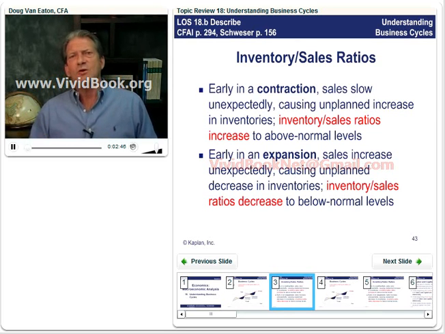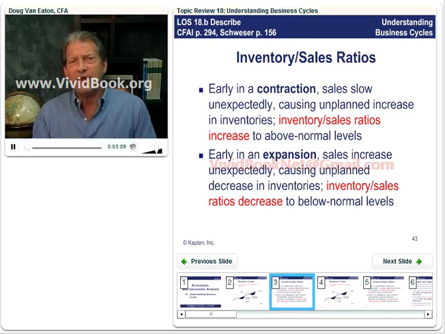We think things are going fine. We're ramping up inventory. We're increasing sales, and then sales fall off. Well, what happens? Inventories build up because we're selling less than we expected as sales go down. So this inventory to sales ratio increases to above normal levels as we move into a contraction.